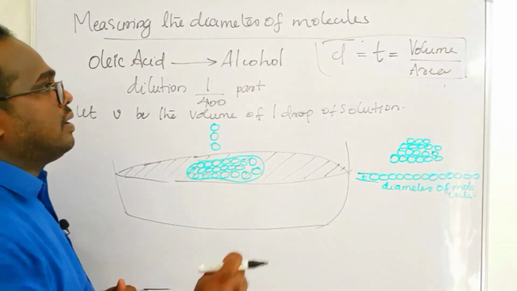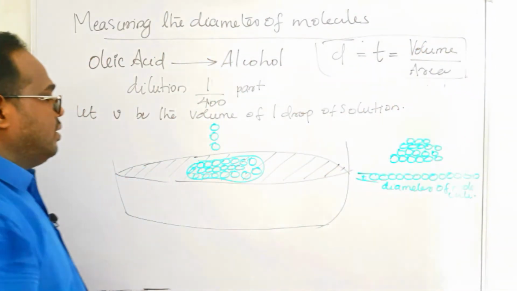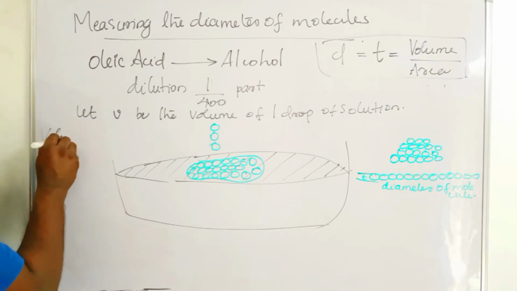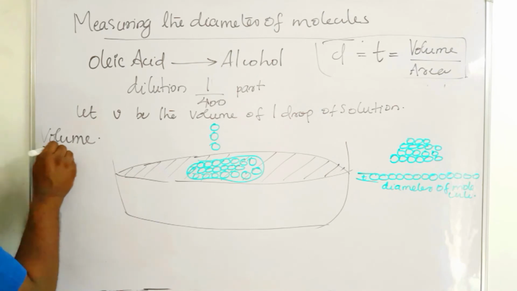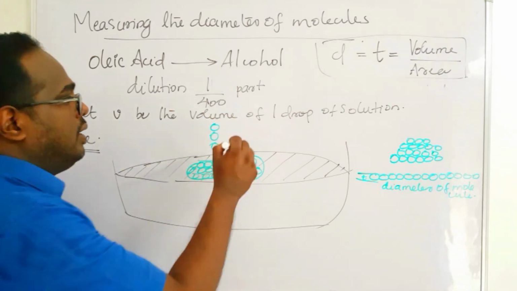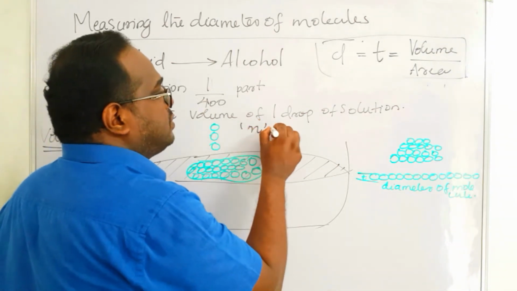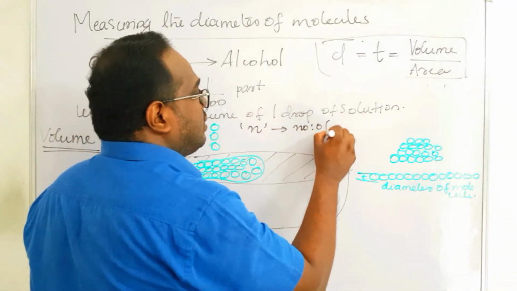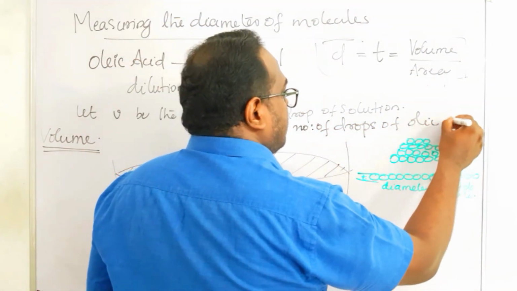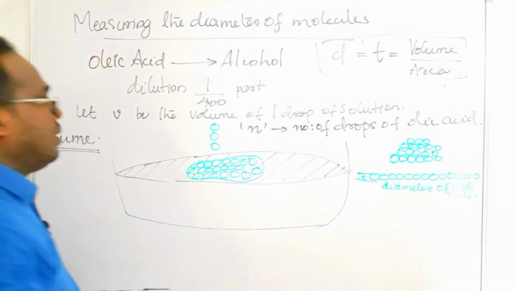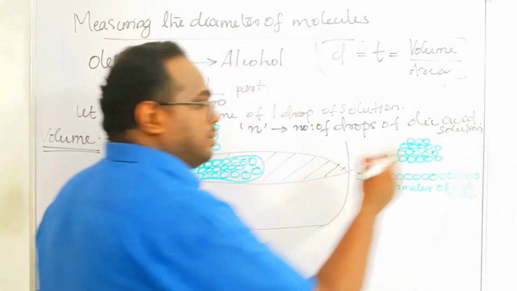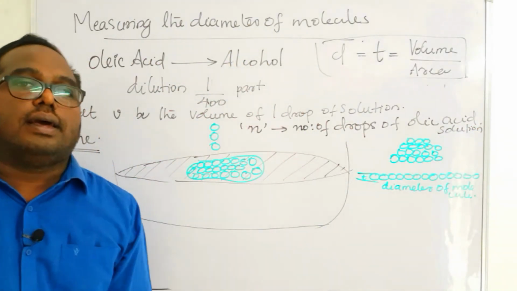Next, what we have to find is volume and area. So to find the volume, what you have to do? You have already counted the number of drops, right? So let n be the number of drops of oleic acid solution, that is a mixture of oleic acid and alcohol.